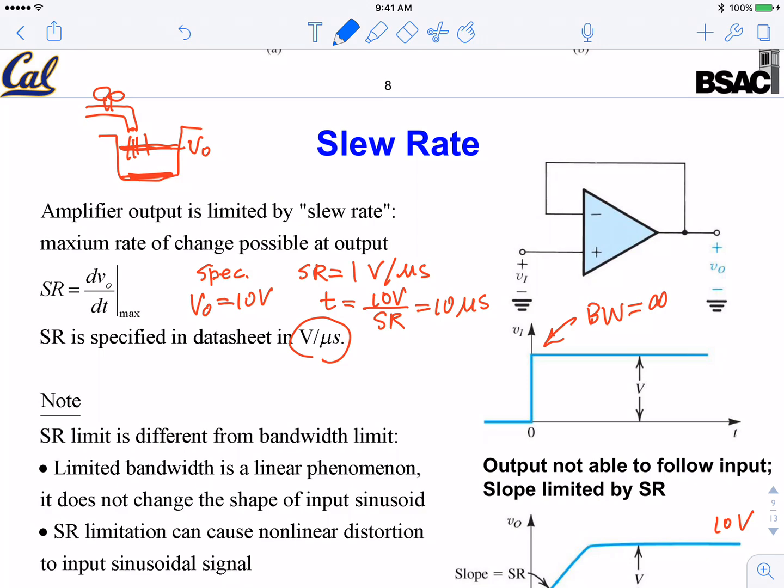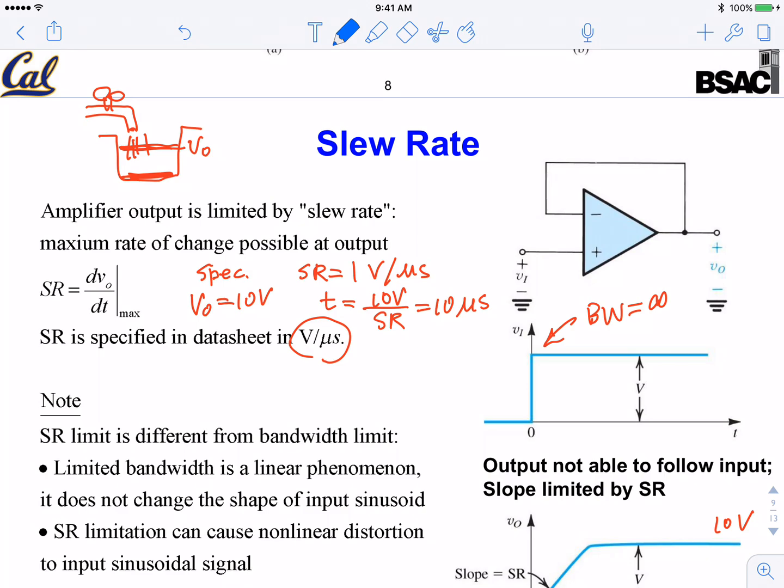You want to reach a certain output voltage, but it takes time to fill the tank, because when you turn on your faucet, it's like you turn it to the max. The current supplying elements inside the op-amp are working as hard as they can, and it's already maxed out, and you still take finite time to fill up the voltage.